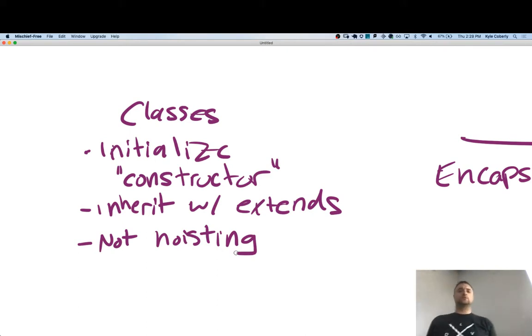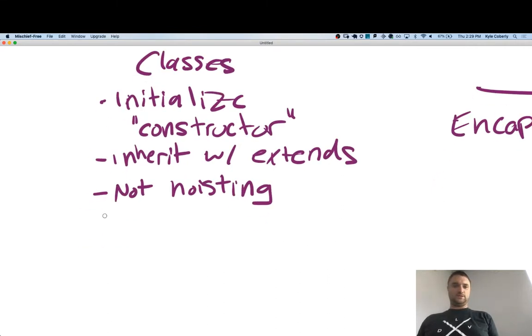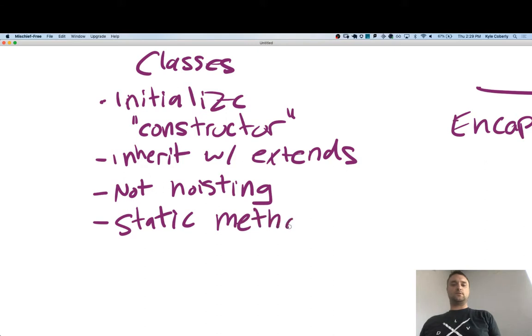Cool. What else? There's prototype methods and static methods. Let's talk about static methods for a sec. What's a static method? Specific to the class itself. Yes. What do we know from Ruby that's similar to that? Self.all, those kinds of things.